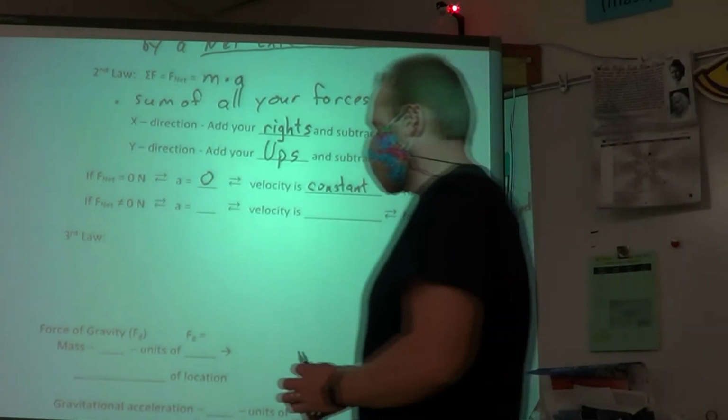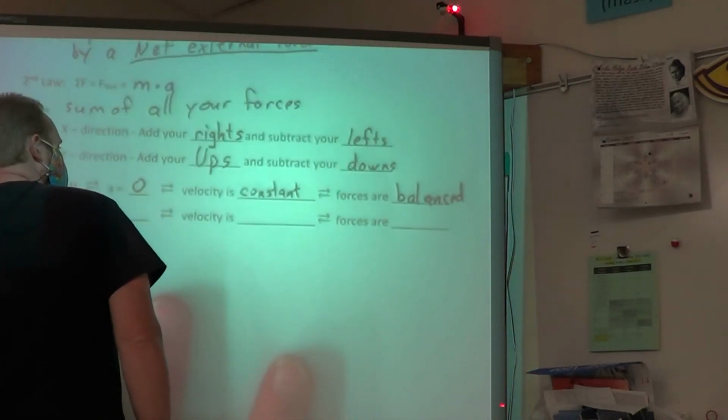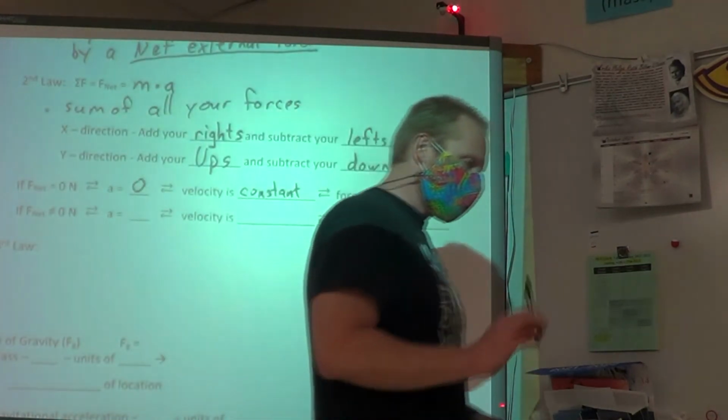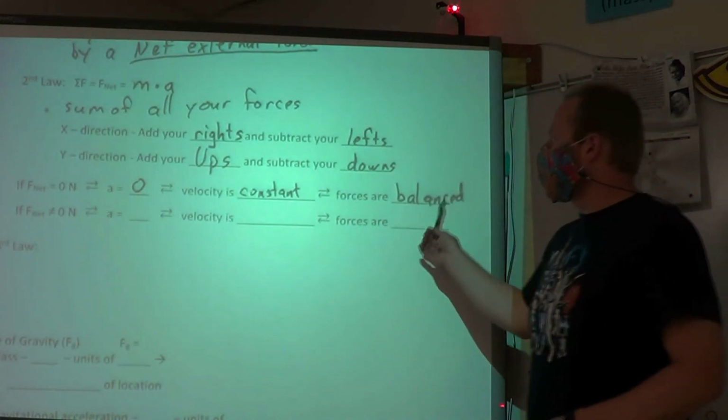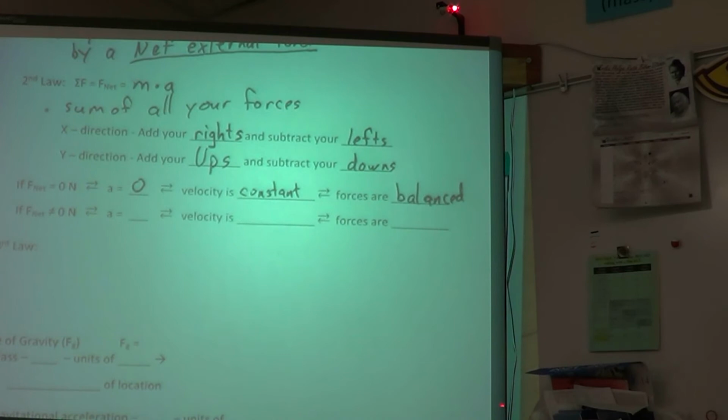In my y direction, my ups minus my downs add up to 0, meaning my forces are balanced. If one of these statements is true in this line, every statement in that line is true: your velocity is constant, your forces are balanced, your F net is 0, your acceleration is 0.